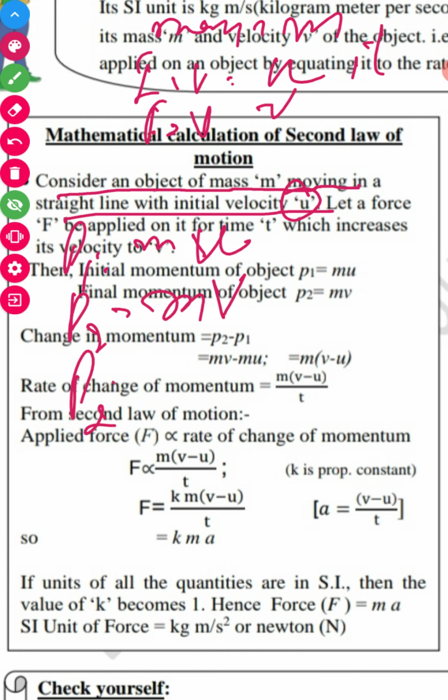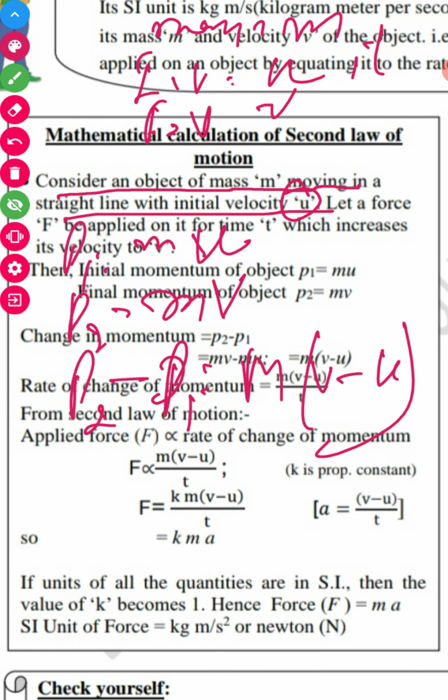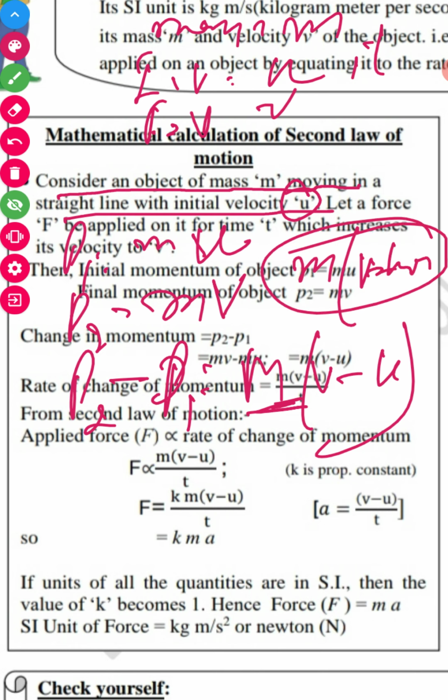If we take the change in momentum, then p2 minus p1 is mv minus mu, where m is common, which is m into (v minus u). If we take the rate of change of momentum, then it is divided by t.